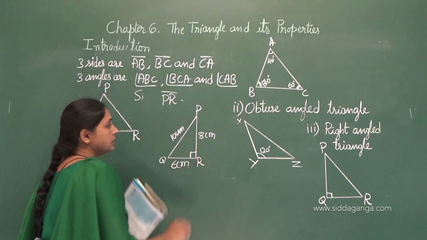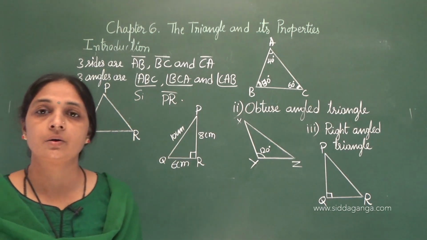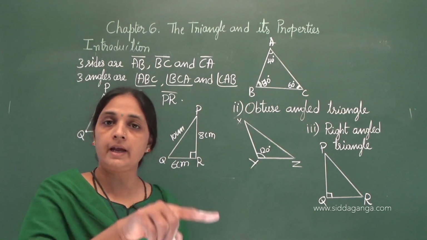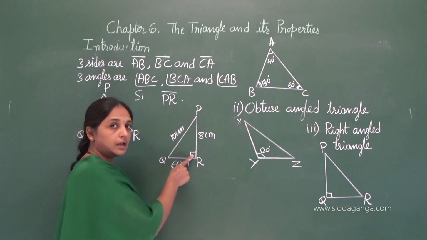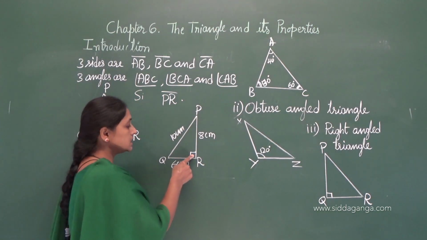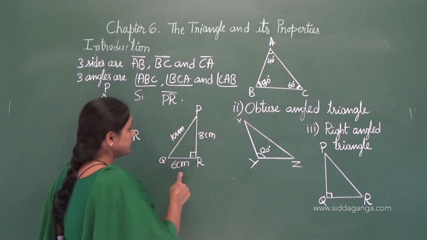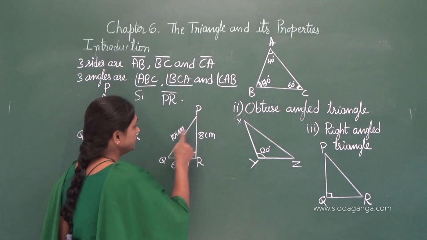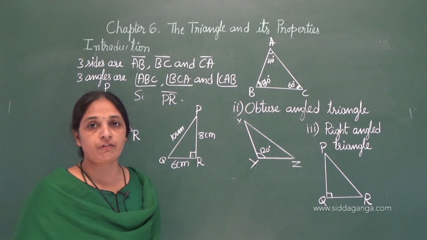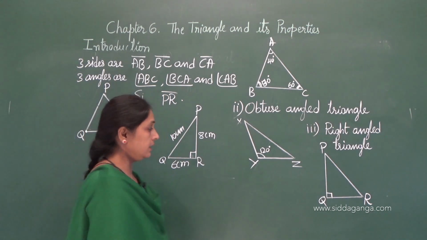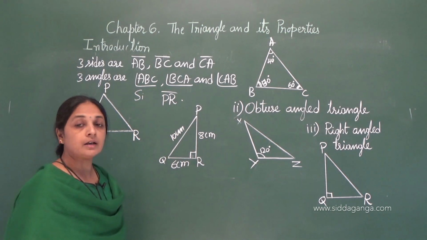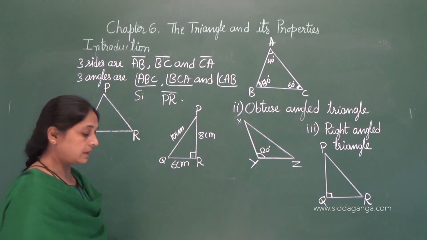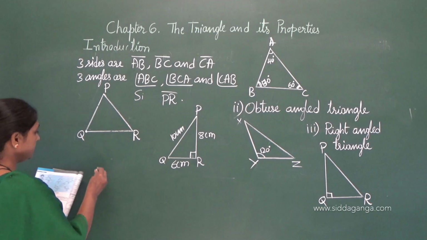Here they have given the right angle symbol. By mixing side and angle, we can say that first we take the angle, it's a right angle, and all three sides are different in length. Right angle scalene triangle. And the third one given is like this.